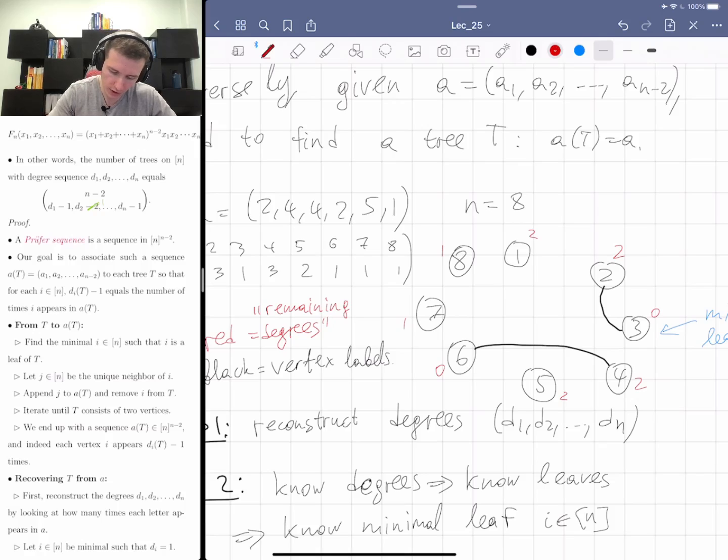The next minimal leaf is 7. So 7 is connected to 4. I decrease the red numbers by 1. Now in this case the leaves are 4 and 8. So that's interesting.